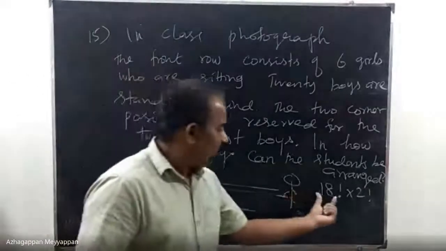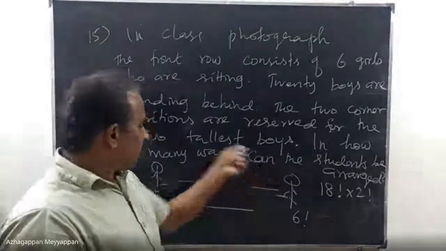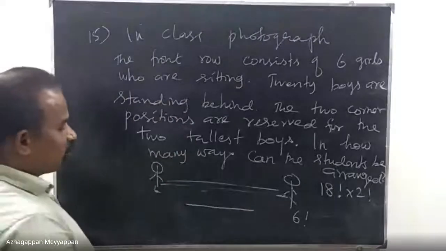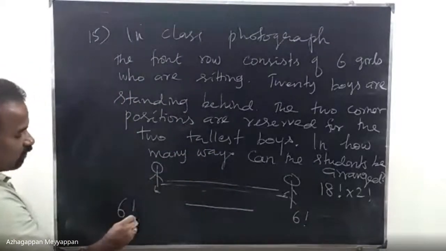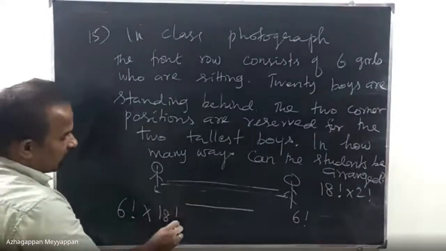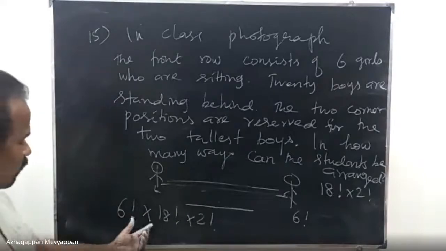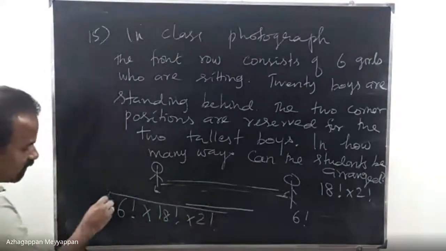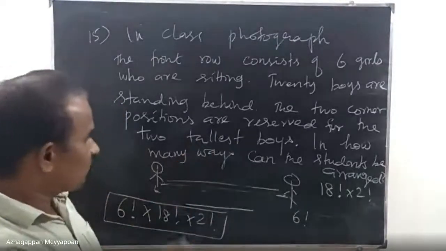So definitely the possible ways is 18 factorial. Here they can change themselves, therefore 2 factorial. So ultimately there are two rows. Therefore 6 factorial into 18 factorial into 2 factorial, which is the required answer for this question. Okay, understood.